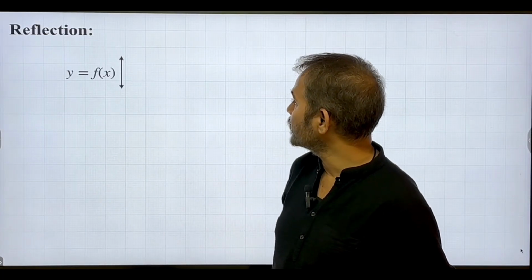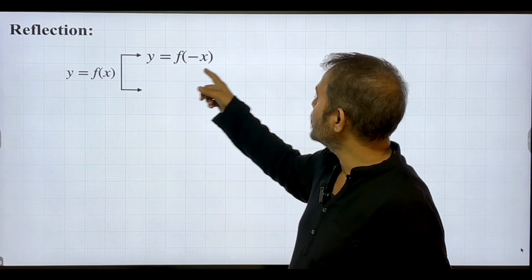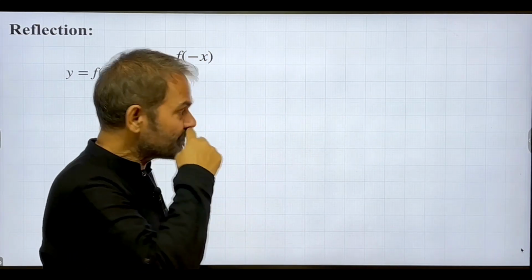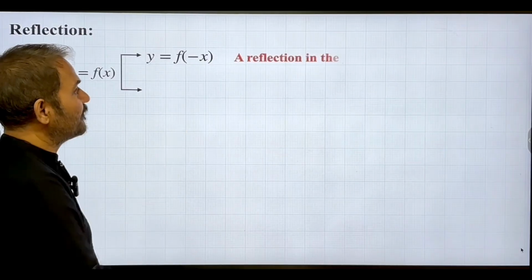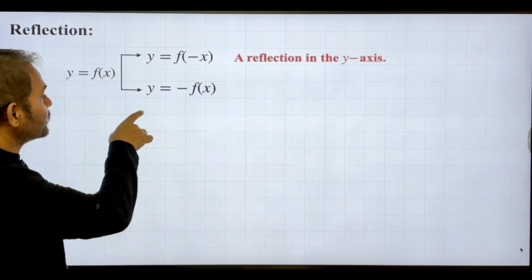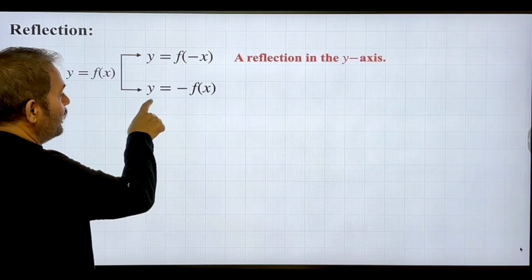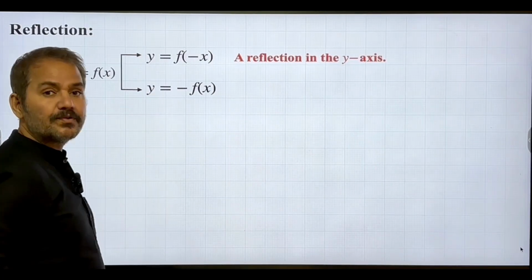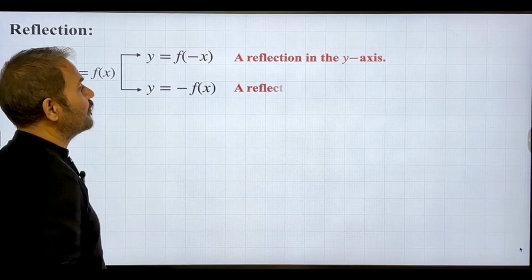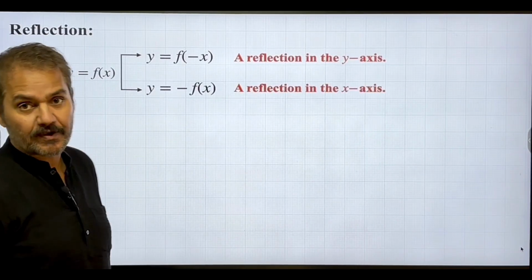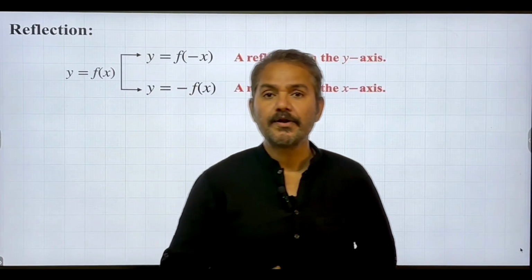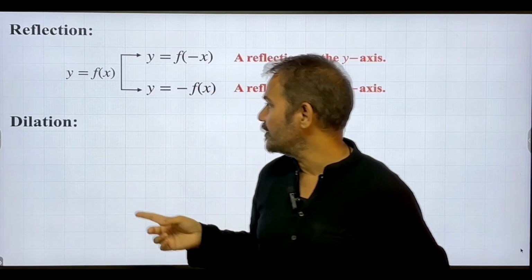Let's say y = f(x) is a function. If f(x) becomes f(-x), when x becomes -x, then a reflection occurs in the y-axis. And when the function becomes -f(x), the entire function has been made negative, this will be a reflection in the x-axis.